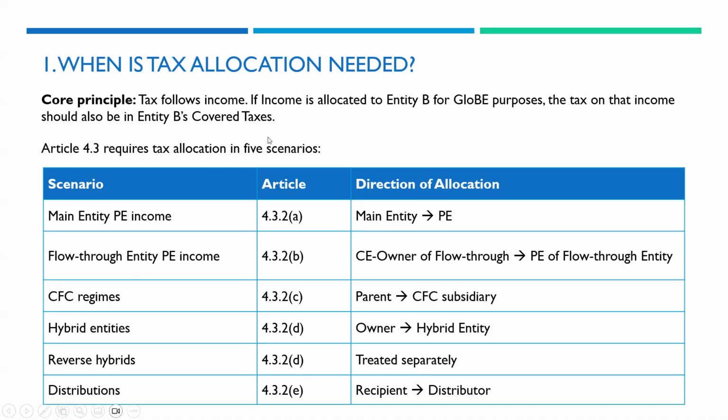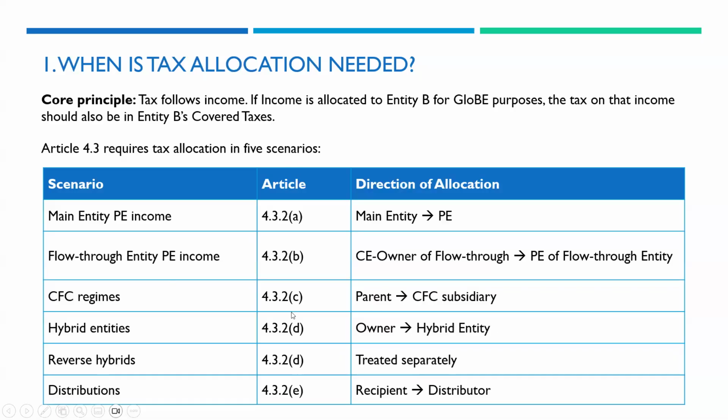What you have to understand is that numerator and denominator should be matched. That's the cardinal rule. Okay, and if it is a PE, push the tax down from the main entity to the PE, because the PE is a separate entity for the purpose of GloBE. Correct? But if it's a loss situation, then you have to apply it a little differently. If it is a CFC regime, push the taxes down to the subsidiary because the income is there.